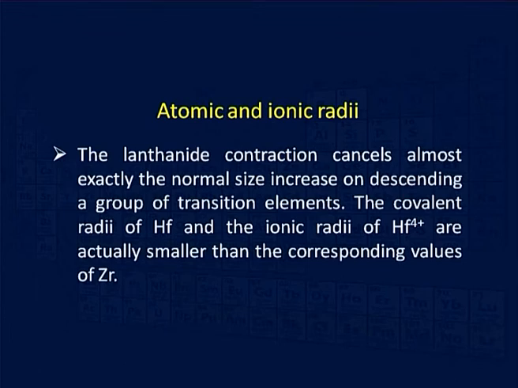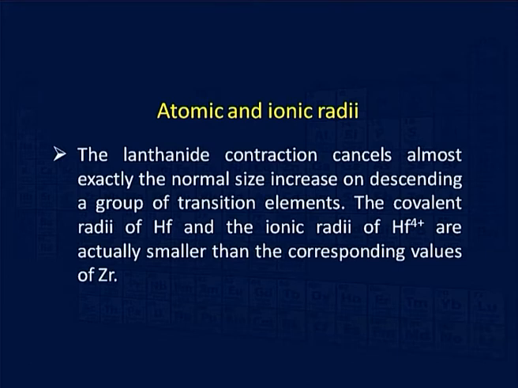But at this juncture, it is worth mentioning that the similarities in the properties of second and third transition elements in general, and atomic and ionic radii in particular, are because of lanthanide contraction. The lanthanide contraction cancels almost exactly the normal size increase on descending a group of a transition element.